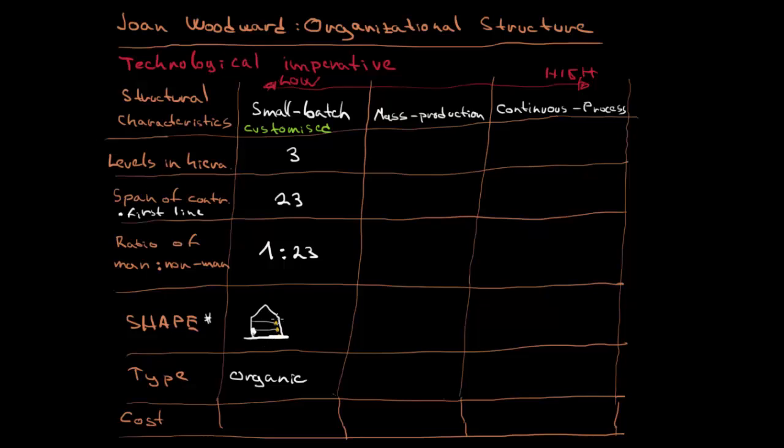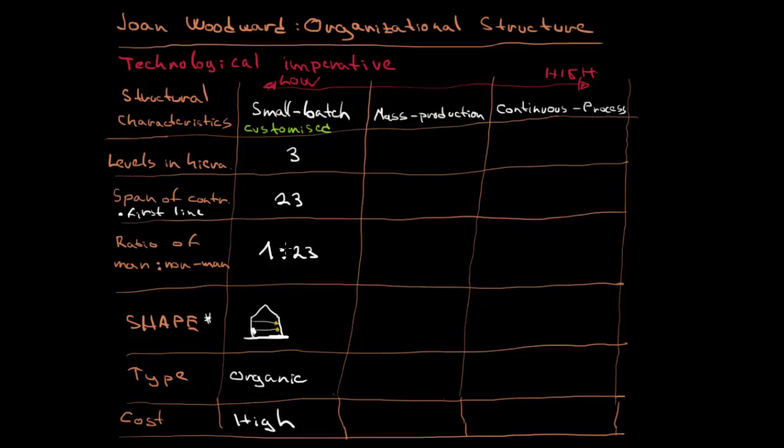We often have to make some new teams and organize our company in a little bit different way than is usual. So we are very organic. And the cost of this kind of production is going to be very high. Even though we are flexible, we are not producing any standardized product, so it is going to be very expensive to create any kind of product or service.